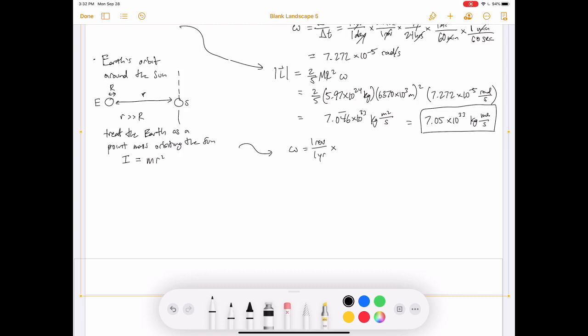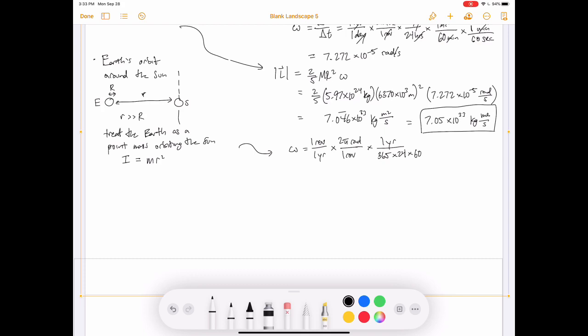So let's convert the units just like we did before. There are 2 pi radians per every 1 revolution. And in every year, how many seconds do we have? Well, let's just do it all in one step. We have 365 days, and then we have 24 hours in a day.